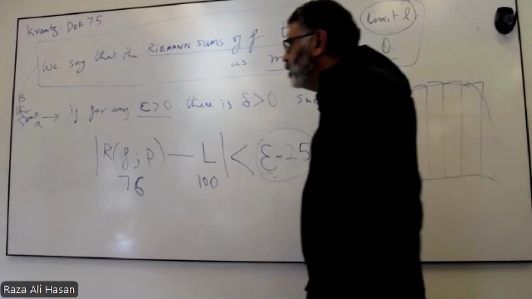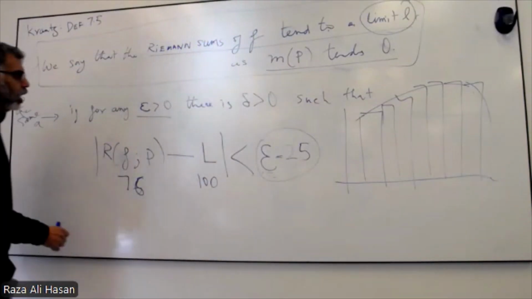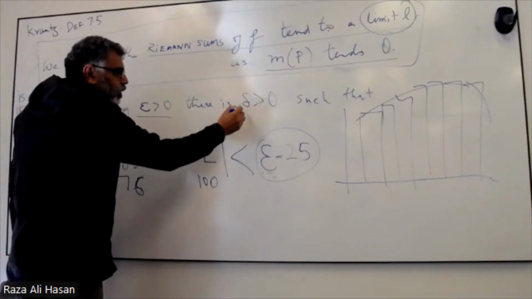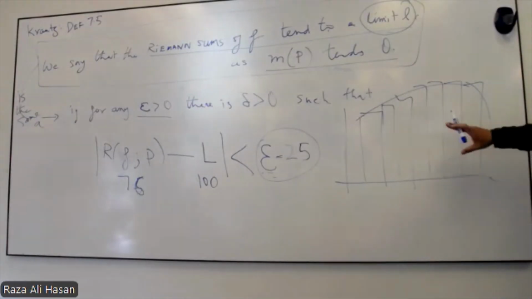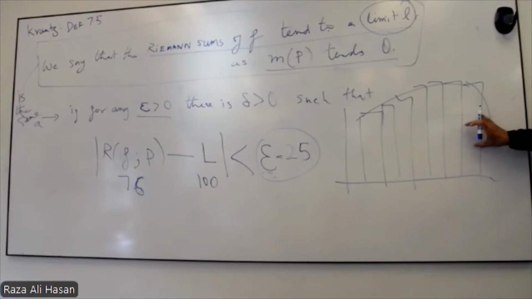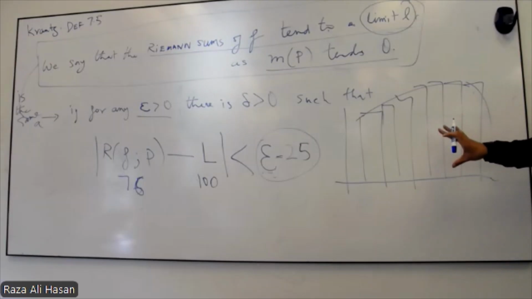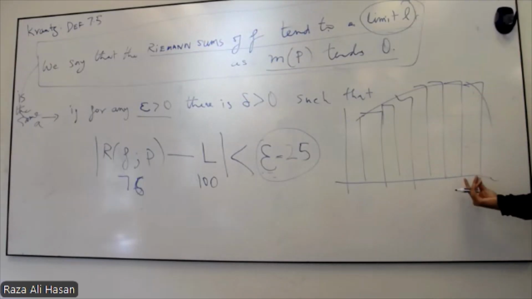Which means the delta has to be, and then which means how do I fit 75? Yes, it gets rid of the error. How do I make sure I can stick 75 rectangles under the curve? By making sure the width is of the right length.